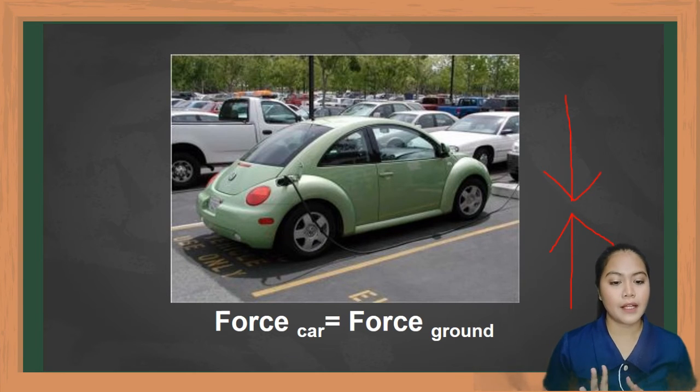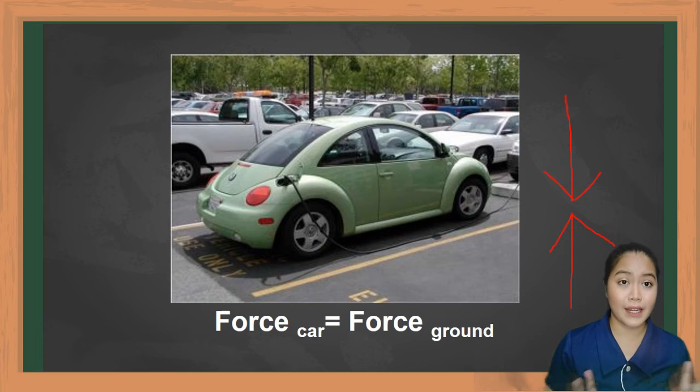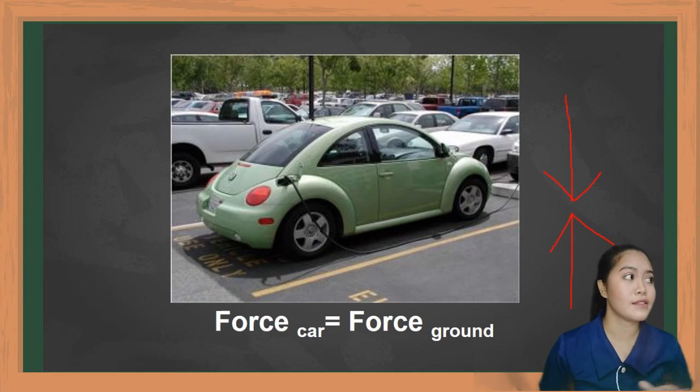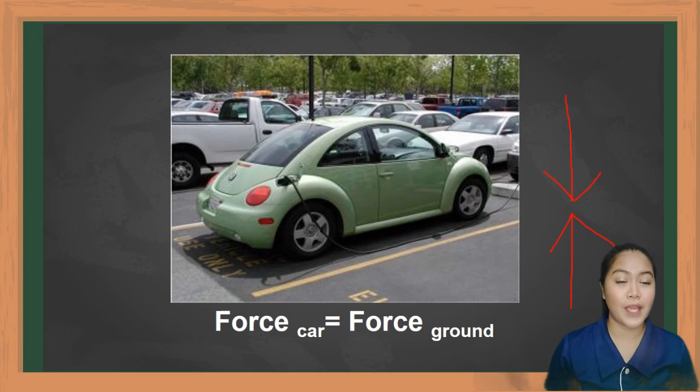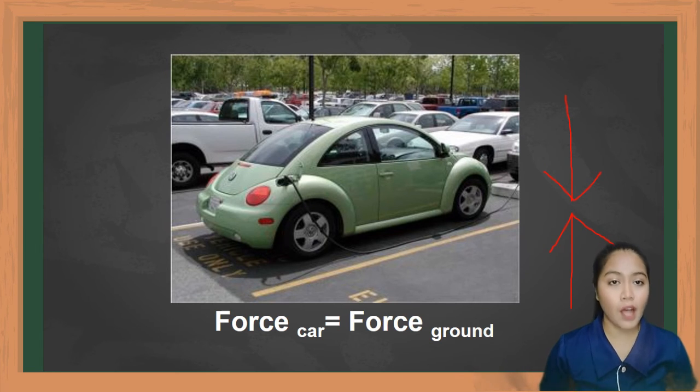Next is the car and the ground. So as we can see, it is still at rest. As you observed on the streets before lockdown, vehicles can also be at rest. So if the amount of force is unequal, again, the objects will not be at rest.